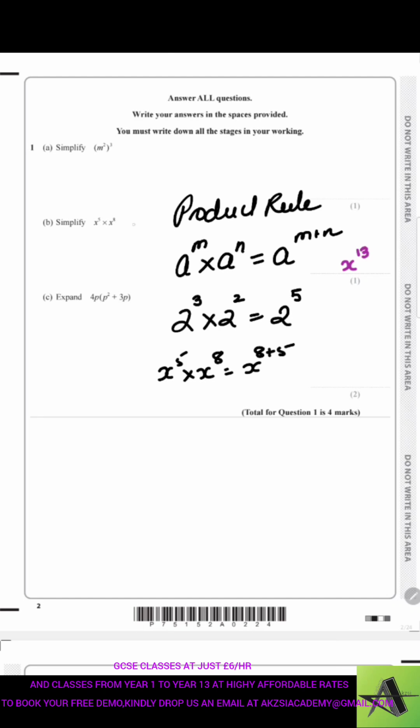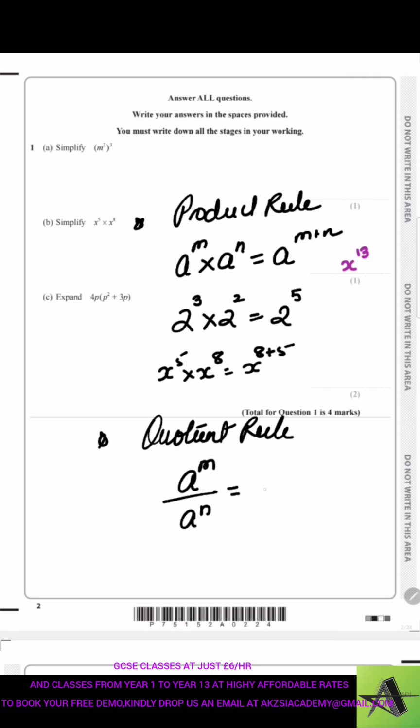The second rule is the quotient rule. The quotient rule is when you are dividing indices having the same base number but different powers. So a to the power of m over a to the power of n equals a to the power of m minus n.